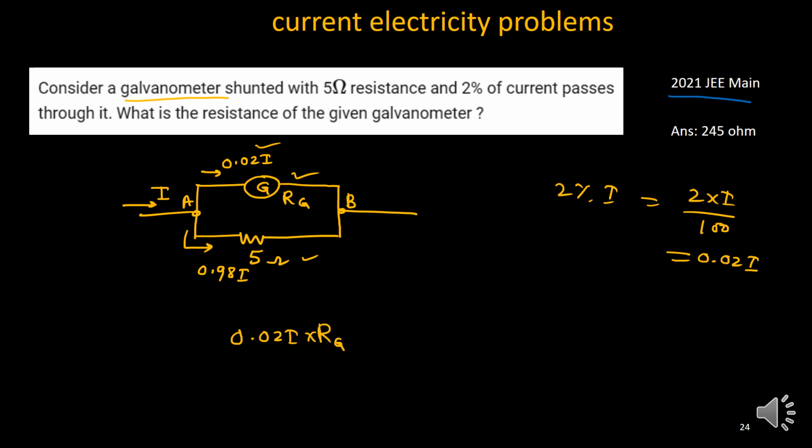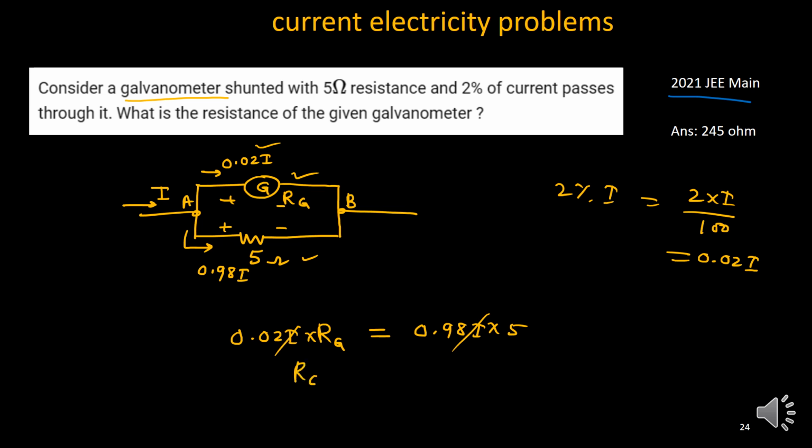This is the potential gap across this one, and that will be the same as the potential gap across this 5 ohm. So the current is 0.98 I and resistance is 5 ohm. Multiplication I into R will give you the potential gap, and these two should be the same because they are connected parallelly. Okay. So this I will cancel out.